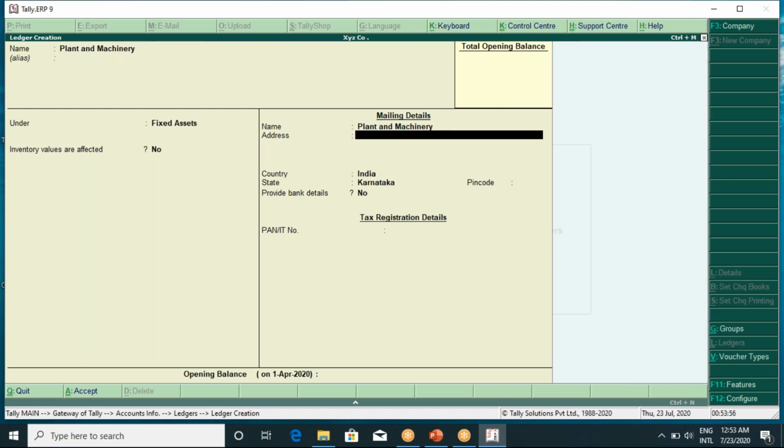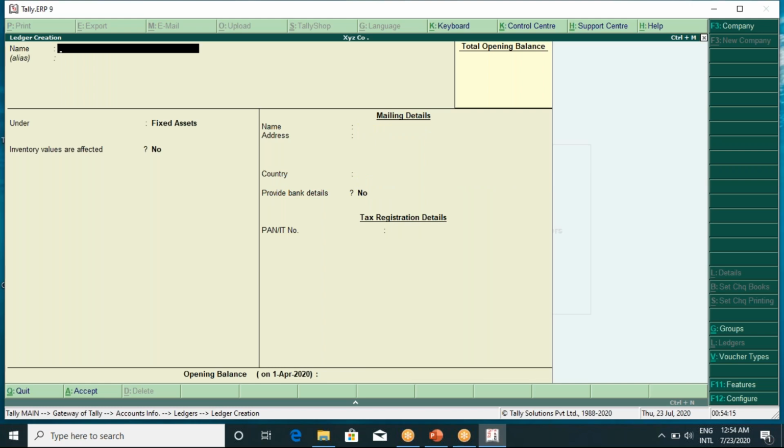Plant and machinery is also a fixed asset. And land and building. Land and building is also a fixed asset. Enter, save.